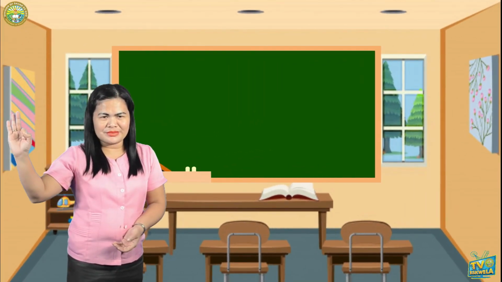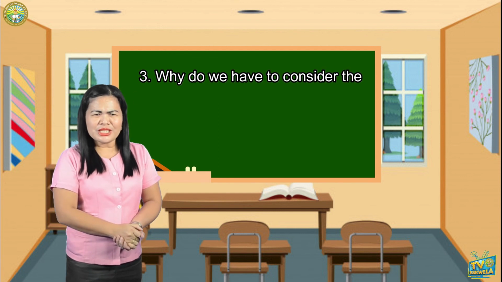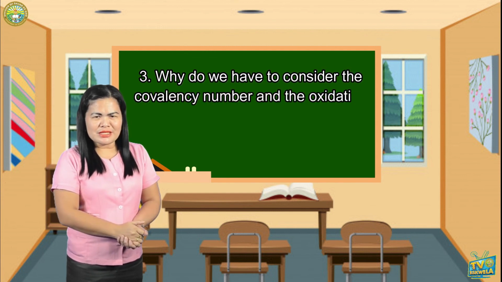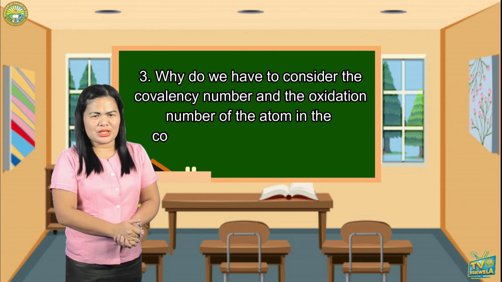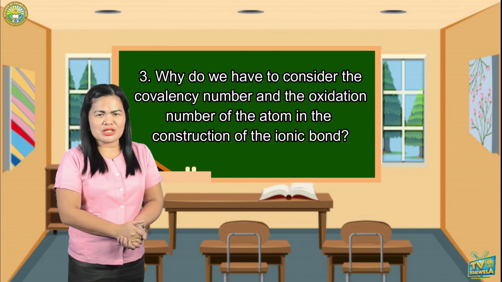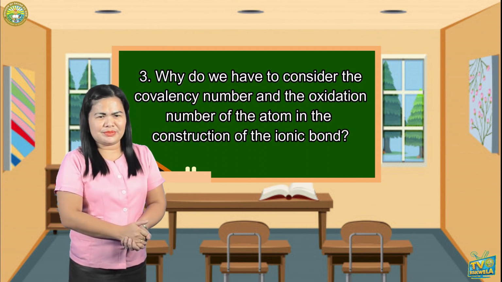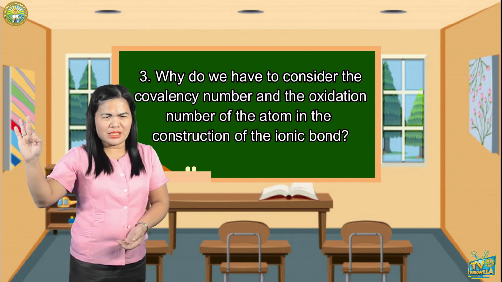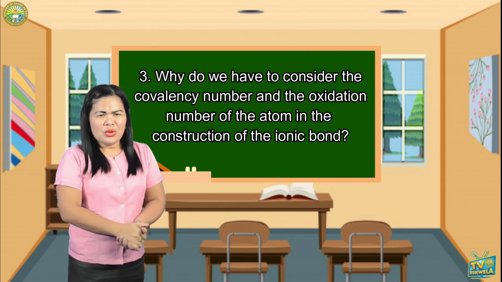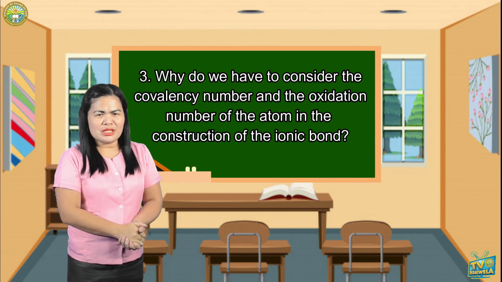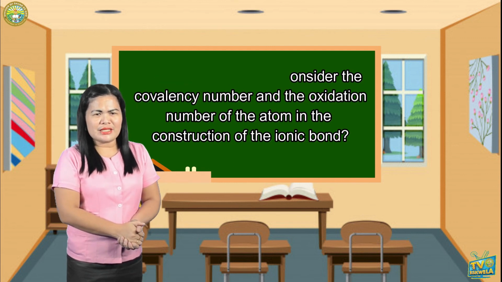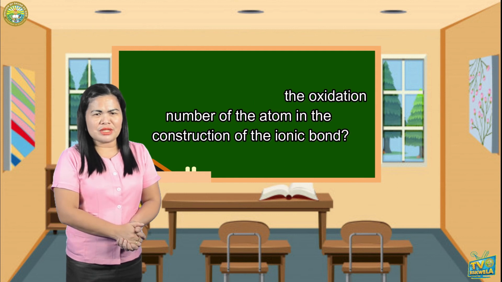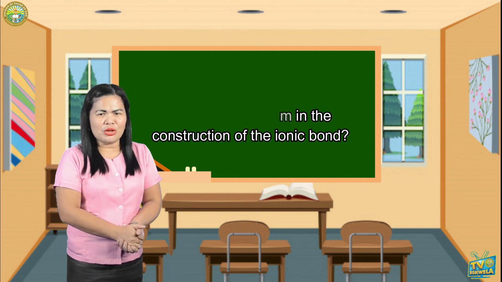Number 3. Why do we have to consider the covalency number and the oxidation number of the atom in the construction of the ionic bond?